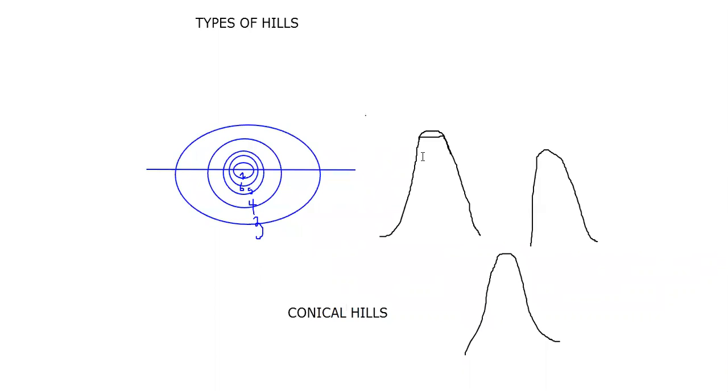Good. Now the next one we'll look at is the round top hill. Unlike the conical hill, the round top hill does not taper to a point. It will just look round. So the contour lines would be maybe like this.